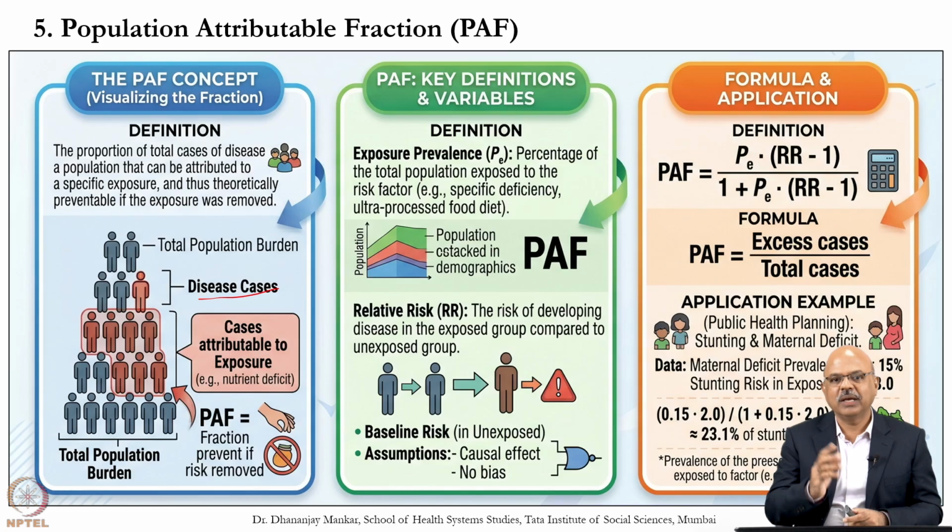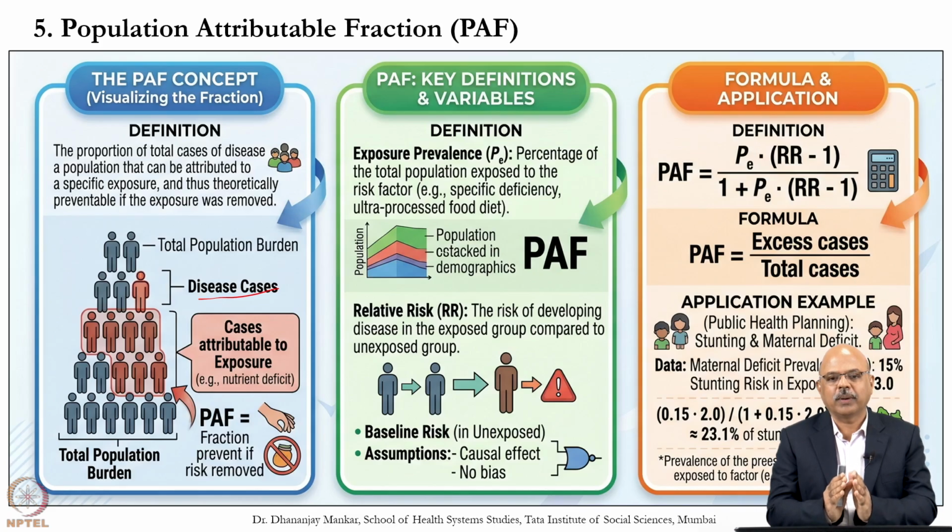Then the PAF key definition and variables. So the key part to understand over here is the exposure prevalence, the percentage of the total population exposed to the risk factor, for example specific deficiency or ultra processed food.